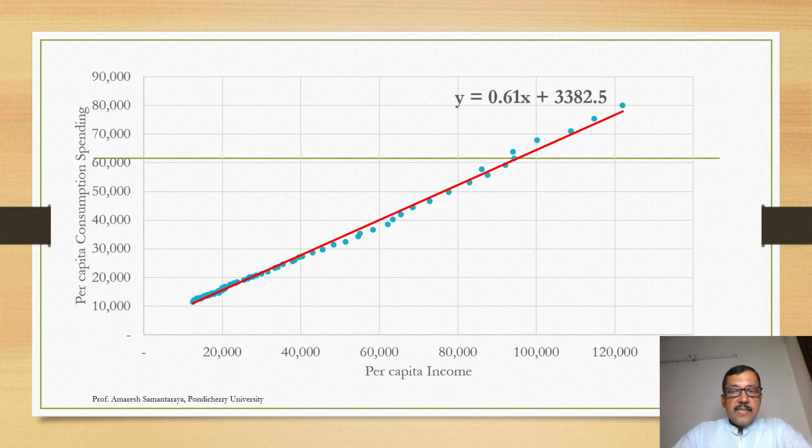So using OLS, the way I explained, applying the minimization principle, that is taking the first order partial derivative of summation d square with respect to beta 1 and beta 0 separately, I can calculate the slope coefficient as 0.61 and the intercept coefficient as 3382.5, and the red straight line which you see here represents the intercept coefficient of 3382.5 and slope coefficient of 0.61.